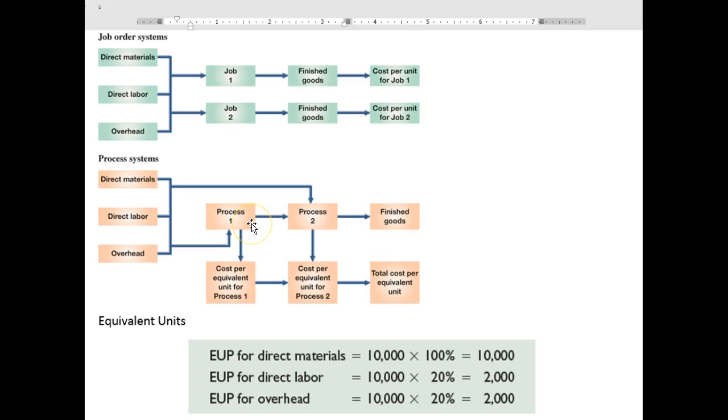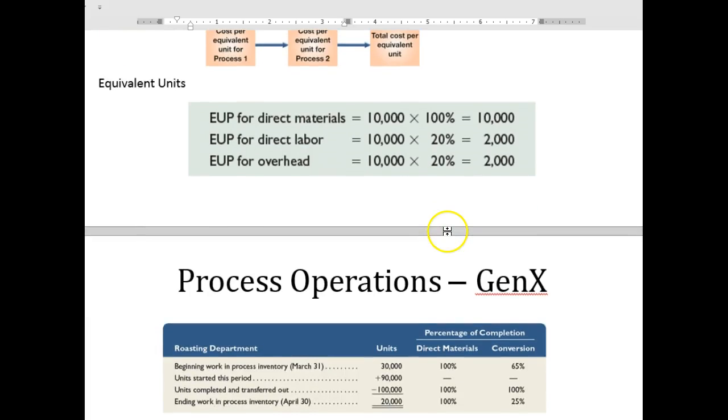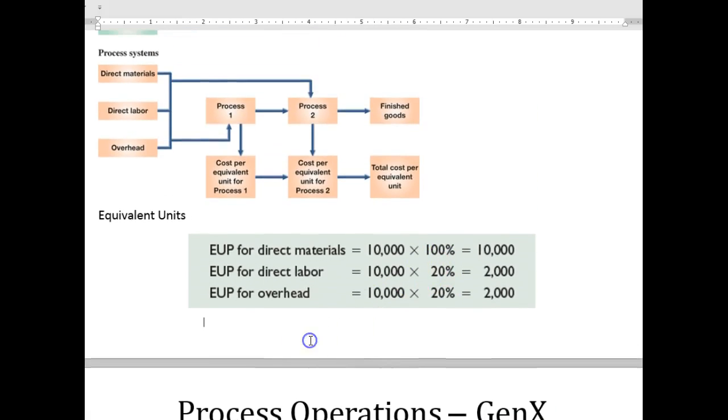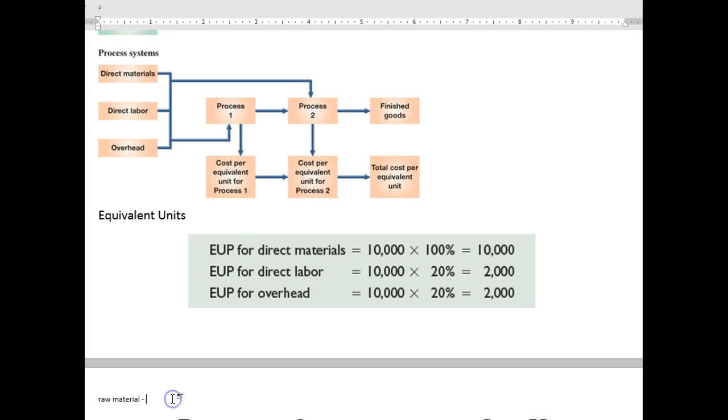And this is what happens in a factory. Here's an example, a sheet metal factory. A sheet metal factory will start with raw materials, and it moves to the extrusion or press department, where it's made into parts.